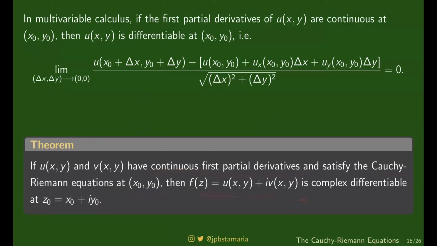The resulting complex function is now differentiable at z naught, which is x naught plus i y naught. In other words, nako-conclude na natin yung differentiability because of the continuity of the first partial derivatives. So, hindi lang basta kailangan yung partial derivatives na satisfy yung CRE, kailangan sila ay mga continuous functions din.